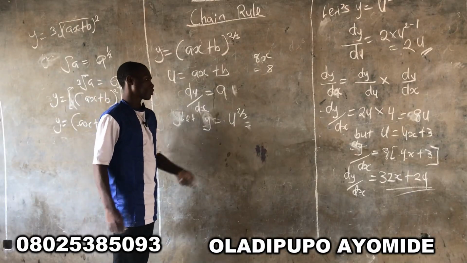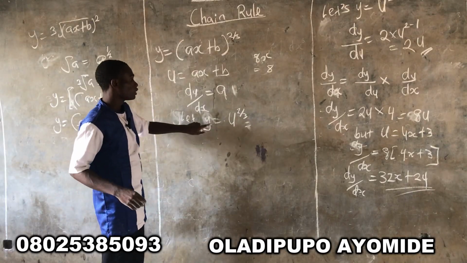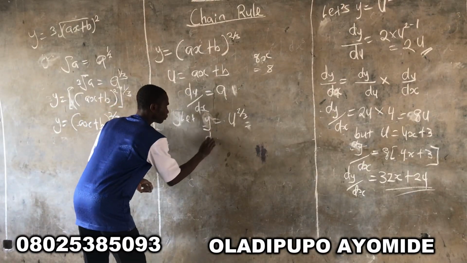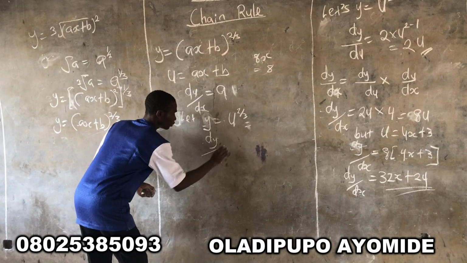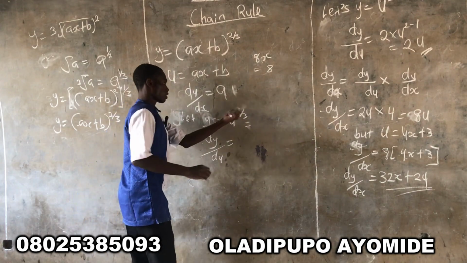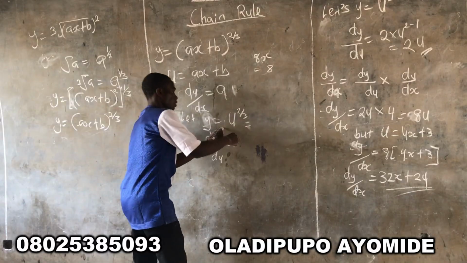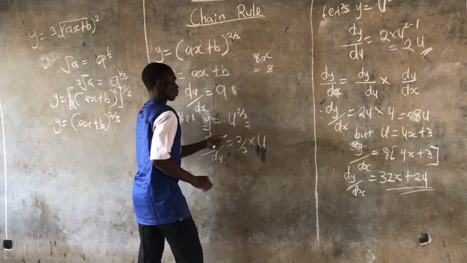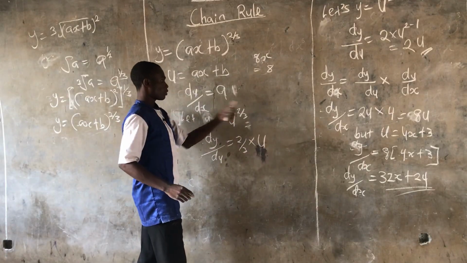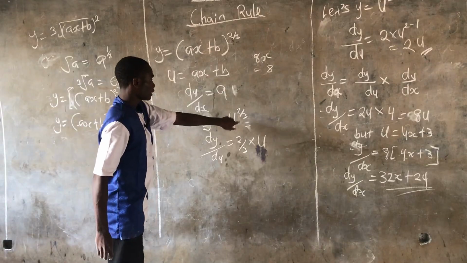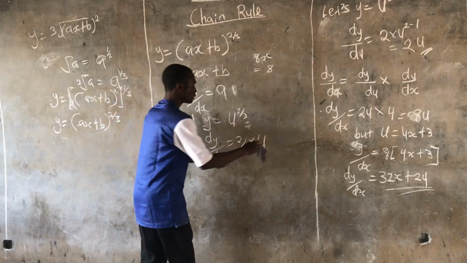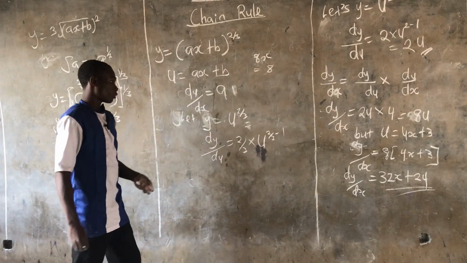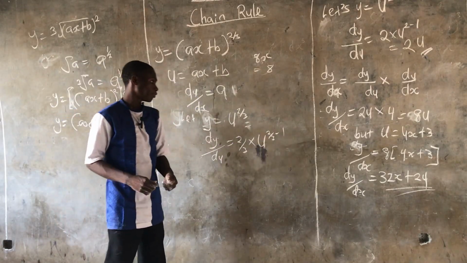If we are to differentiate y with respect to u, we can say our dy over du is equal to: we have to bring down the power, 2 over 3 times u, and then subtract the power by 1.